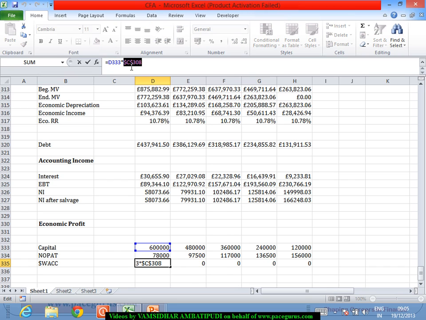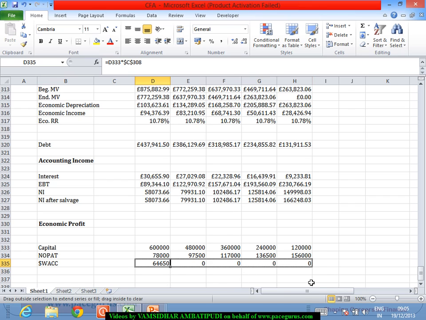Here let me put dollar. So the way I should look at it is, in this year, this project has generated a net post-tax operating profit of 78,000, whereas all the investors together are expecting 64,650, because investors have totally invested 600,000.